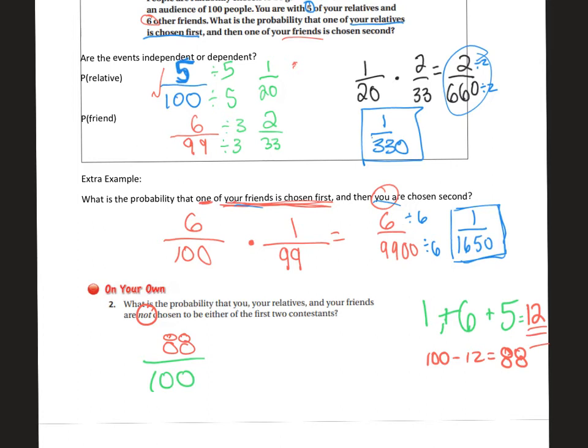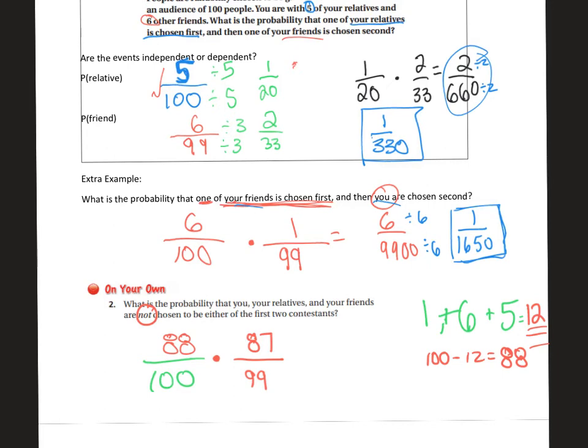Okay, so now we assume that that happens. Okay, that one of those random people were picked, and there are 99 people left in the stands. Okay, and now one of those random people were picked, so now left in the stands that is not you, your friends, or your relatives is 87 people.